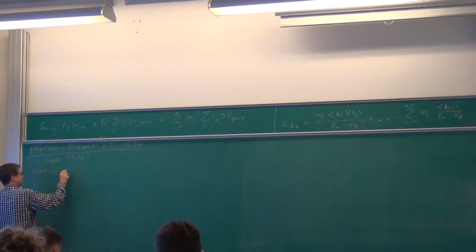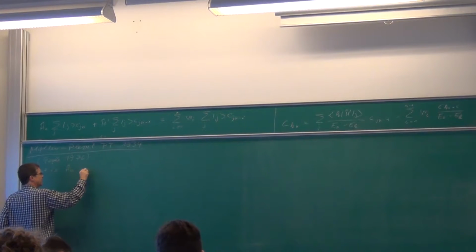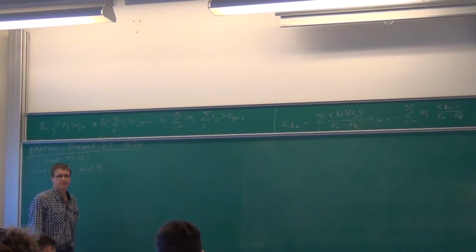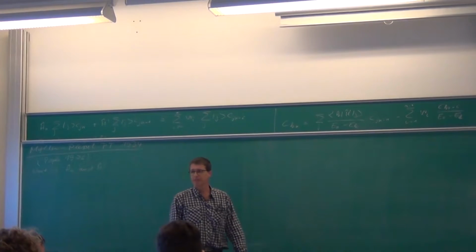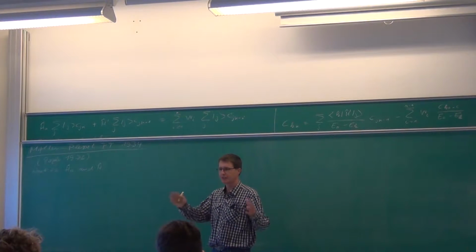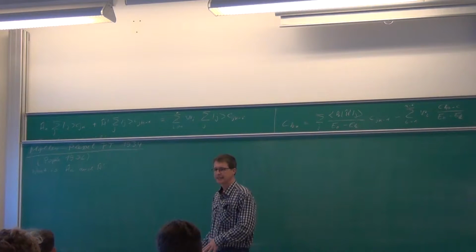what is H0 and what is H prime? So you have to make a partitioning of your Hamiltonian for the system you're trying to treat into a zeroth order part and a perturbation.